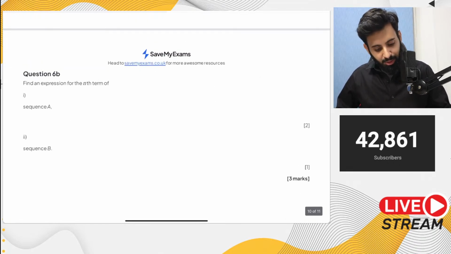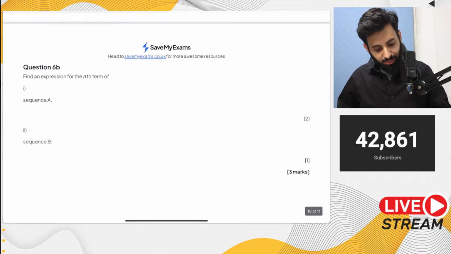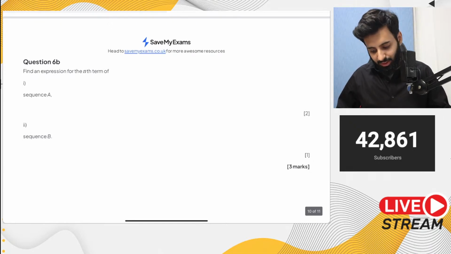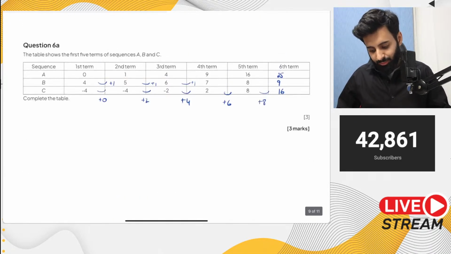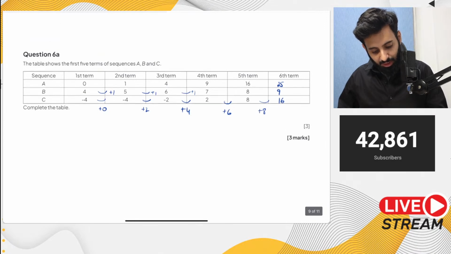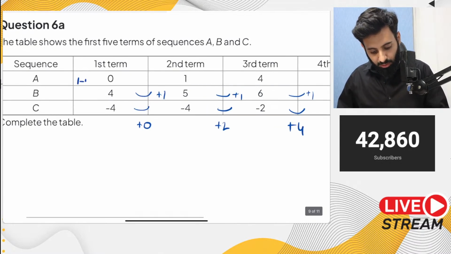Okay, B part 1. B part 1 says find an expression for the nth term of the first part, which is sequence A. Okay, so since you can see that what you're squaring is not the term, you're basically squaring 1 less than the term. So this is 1 minus 1 squared.